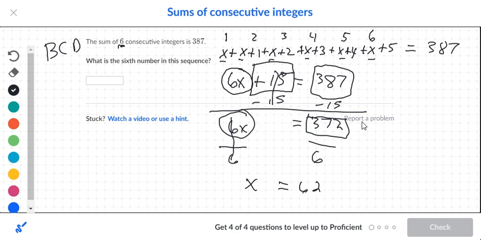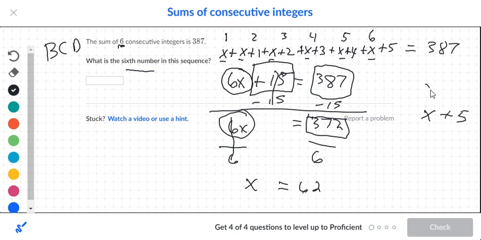Now, when I look at what the question is asking, it's saying the 6th consecutive number. So right here in the problem, if I find the 6, right below the 6 is x plus 5. So that's what we want to use, because that would give us the 6th consecutive term.